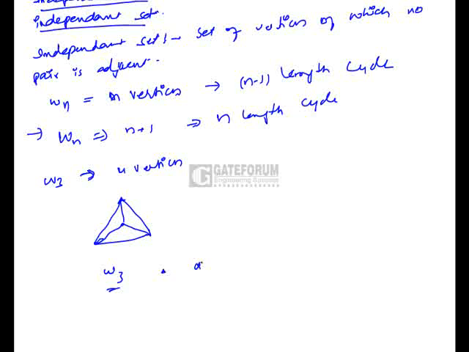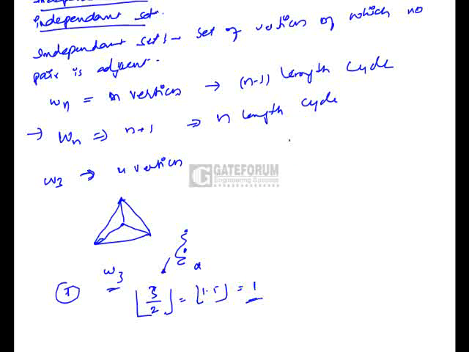We can't take this one, or we can't take this one. Why? Because these two are adjacent. So here independence number would be 1. If we see option B, it states n by 2 flooring function: 3 by 2 gives 1.5, and the flooring function of 1.5 will be 1.